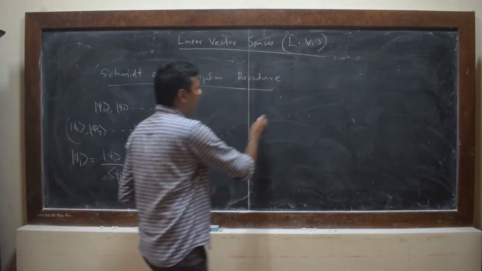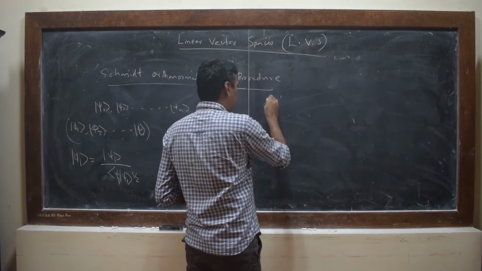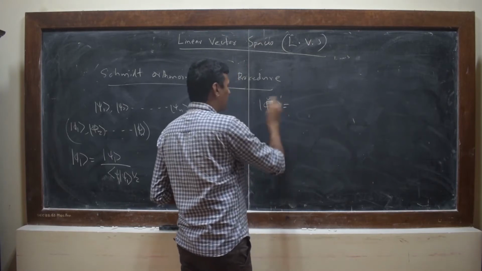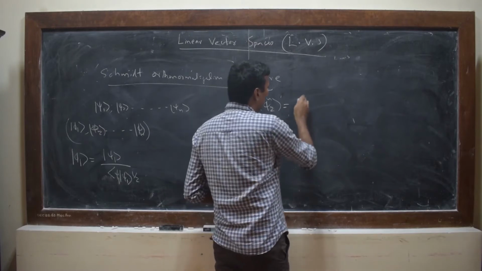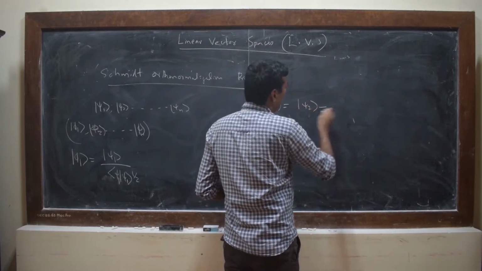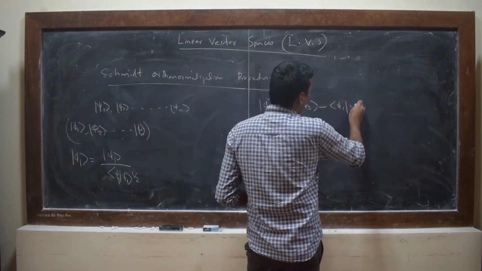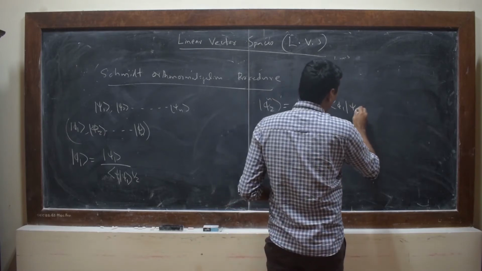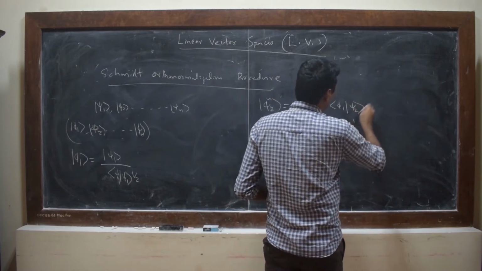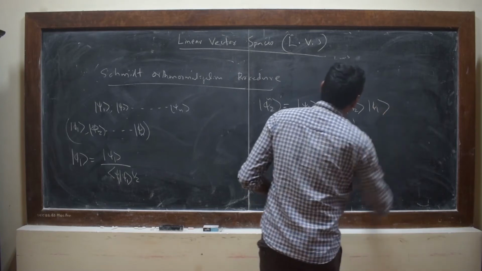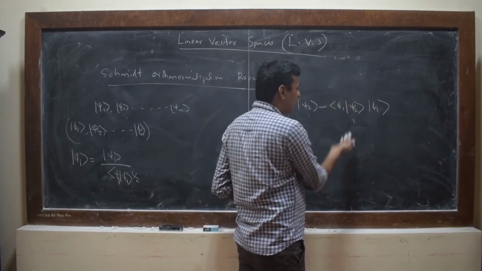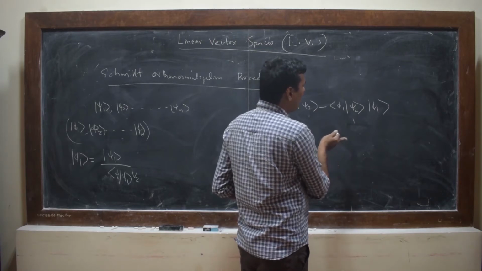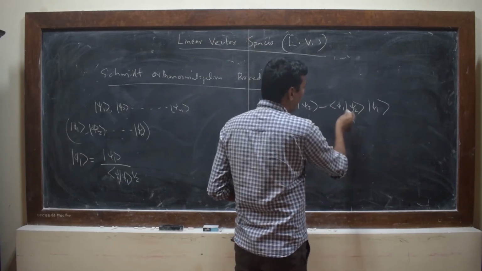Okay. So, I will first denote it by phi 2 tilde, which is not normalized. Phi 2 tilde is equal to psi 2 minus the inner product of phi 1 and psi 2 times phi 1. So, I took the vector psi 2 and subtracted out the component of psi 2 in the direction of phi 1.